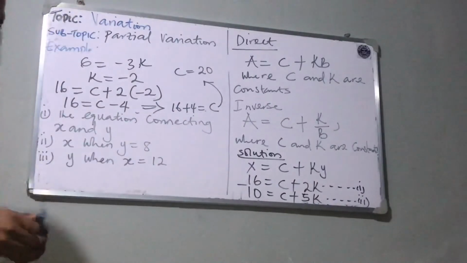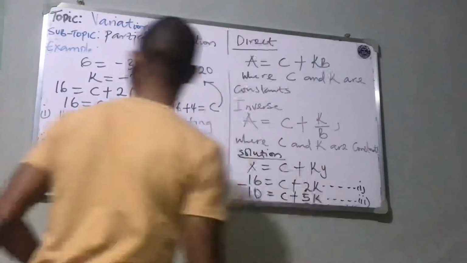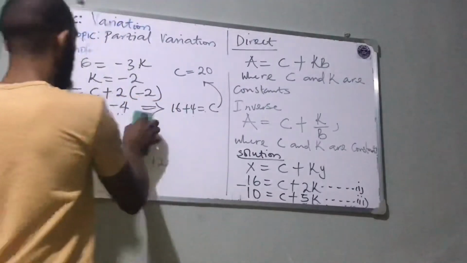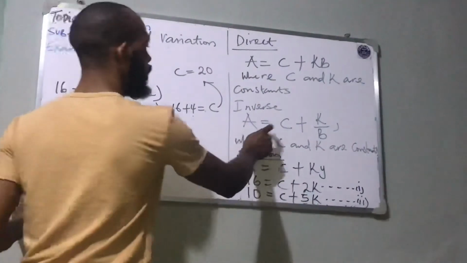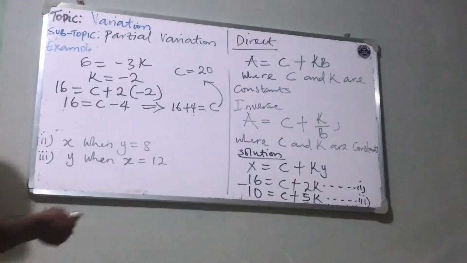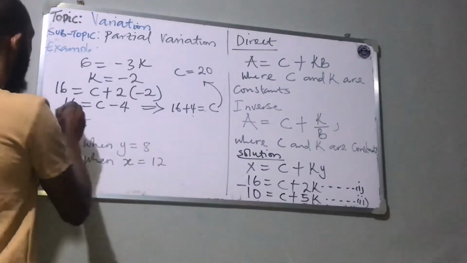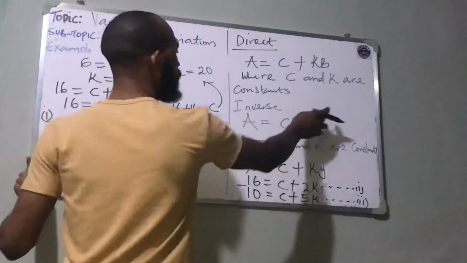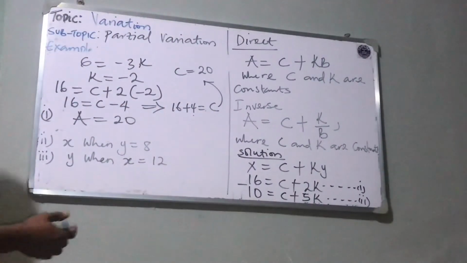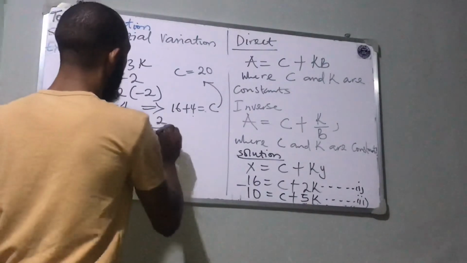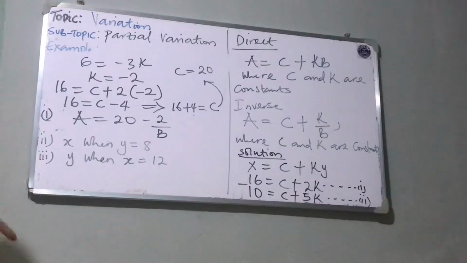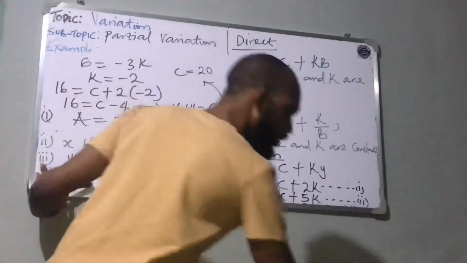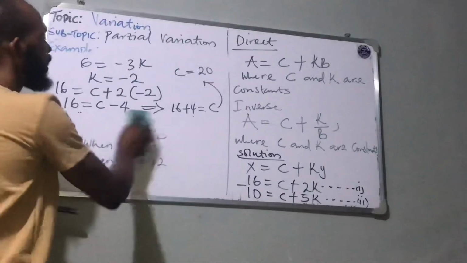Now since C is 20 and K is minus 2, to get the equation connecting X and Y, just go back here and substitute our values of C and K. We are not using A equals C plus K over B. Sorry about that.